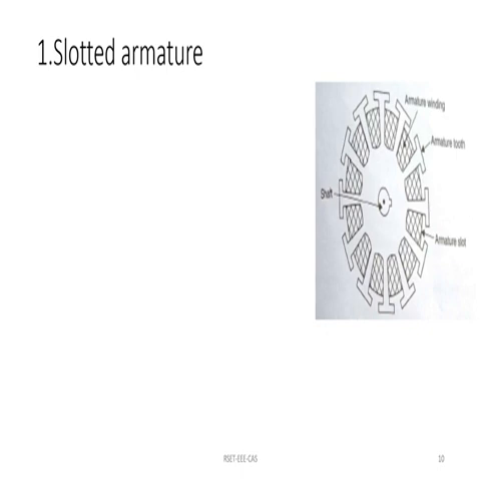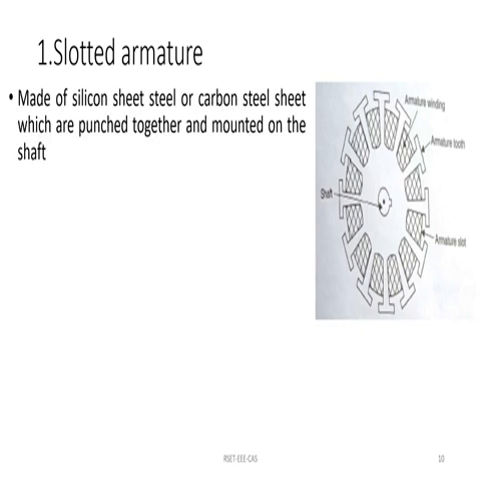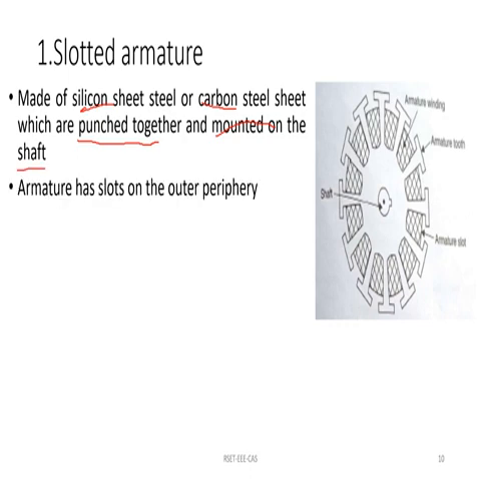The first type is slotted armature. So in this construction, the armature is made up of silicon or carbon steel sheet material. They are punched together and mounted on the shaft. Now armature has slots on the outer periphery.